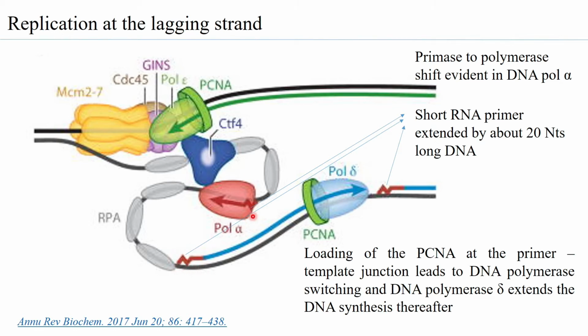Now, what is very interesting to note is that the pol alpha has the primase domain, and the primase domain is able to synthesize only a very short RNA primer. That is thanks to there being a domain that does not allow the primase to synthesize beyond a point.